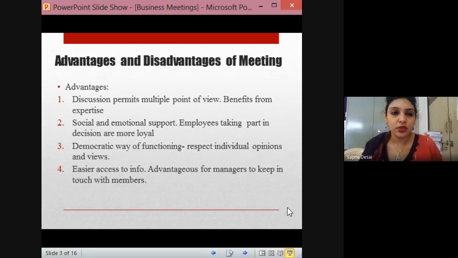Easier access to information. It is an advantage for managers to keep in touch with the members. When one person sits in one cabin, we do not know what goes on in the organization.